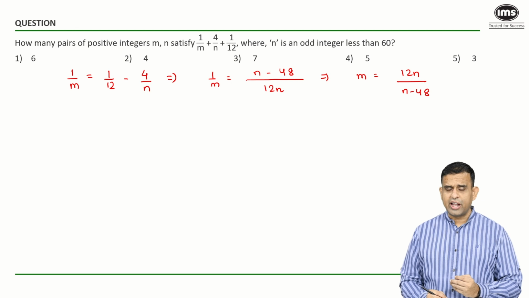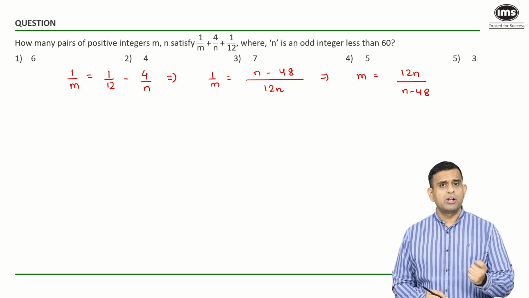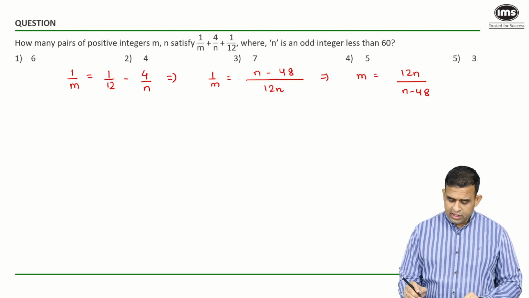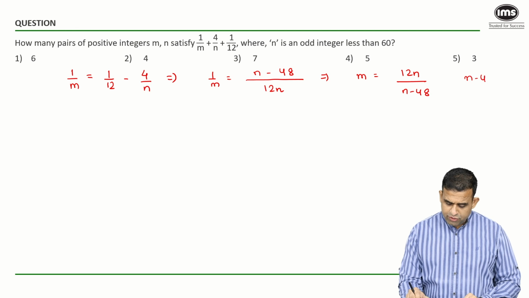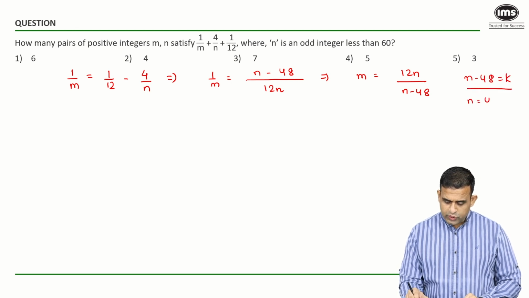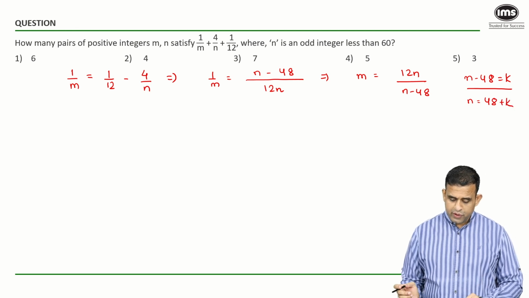Now again, one can use the same technique: take the denominator as some variable, let's say k. So if I assume n minus 48 to be some variable k, then n will be equal to 48 plus k, or k plus 48, whatever you want to call it.